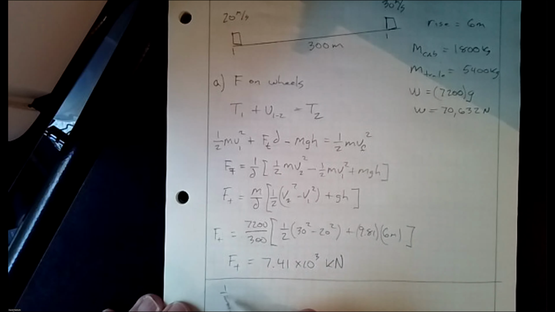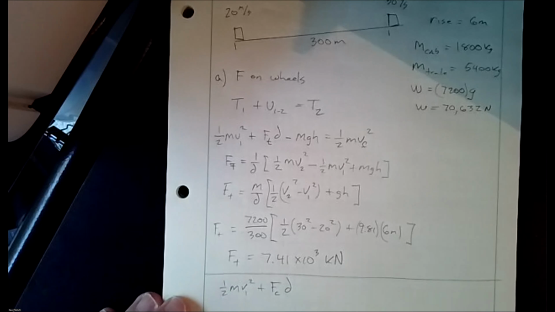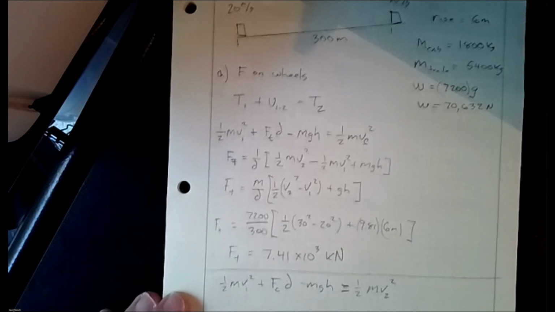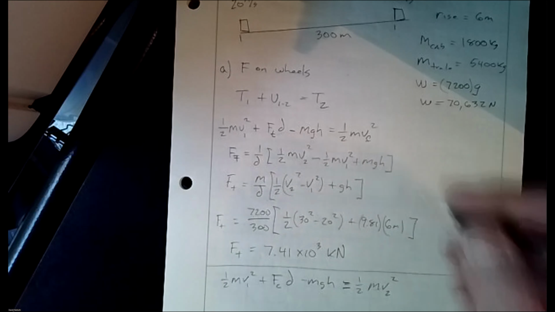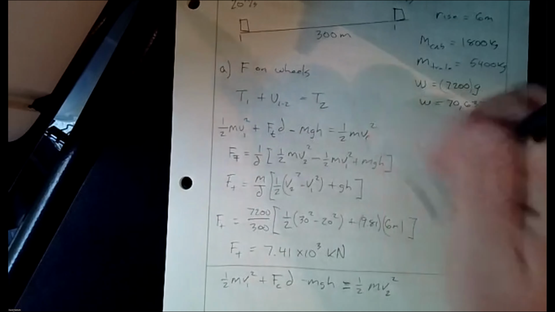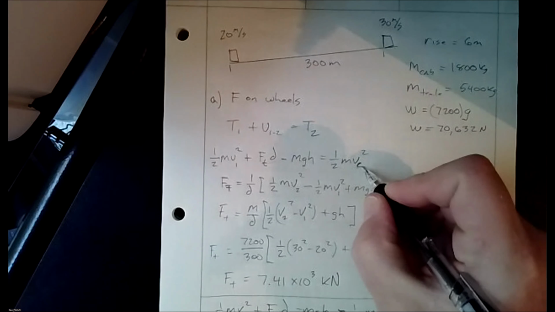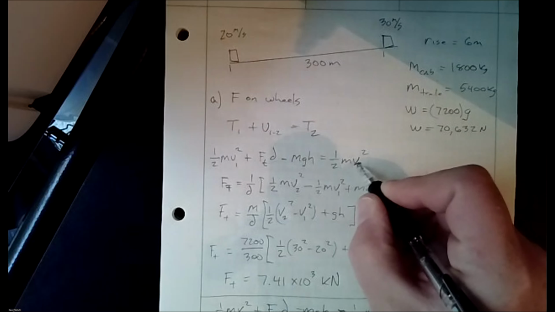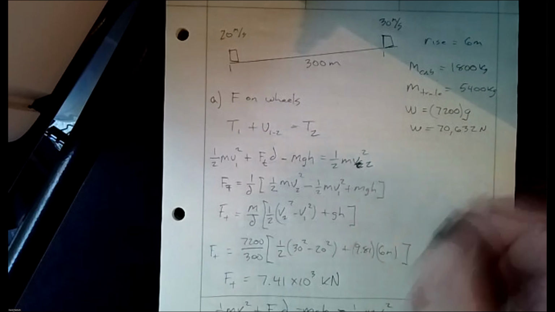So again, we have 1/2 m v1 squared plus the force of the coupling times the distance, and then minus mgh, and that equals 1/2 m v2, or final, squared. So I should use 1 and 2. That's typically m1, v1, v2. Yeah, so that's a 2.